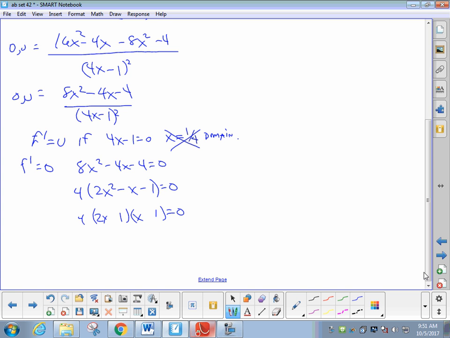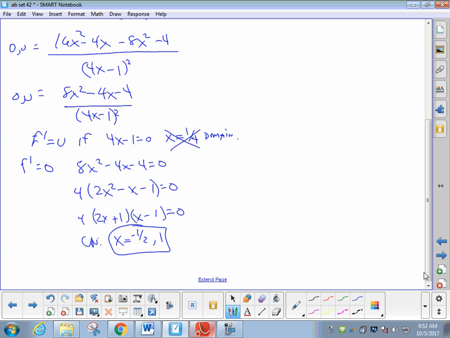Plus, minus, or minus, plus? Plus, minus to get negative 2x and a positive 1x. I agree with that. That then says f prime would be 0 at negative 1/2 and 1. Okay? Are those in the domain? Yes. So in terms of answering the first question, those are my critical numbers.